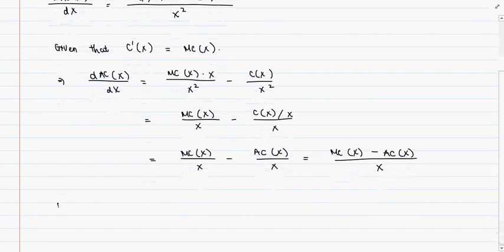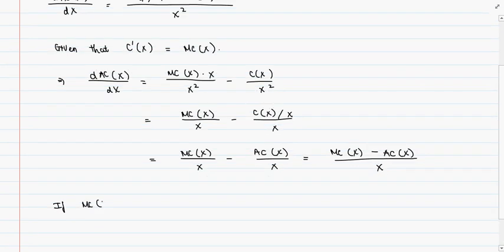As you can see, if the marginal cost of X is greater than the average cost of X, then the whole ratio over here is going to be positive, and therefore dAC(X)/dX is going to be positive.